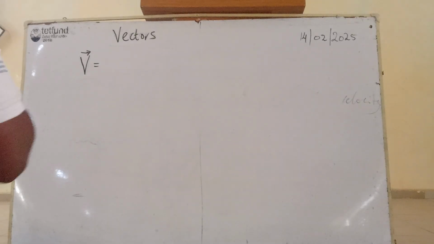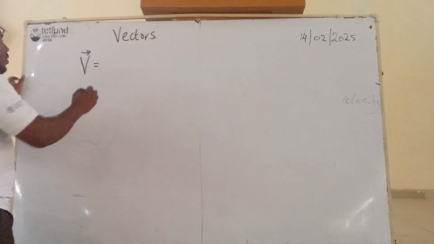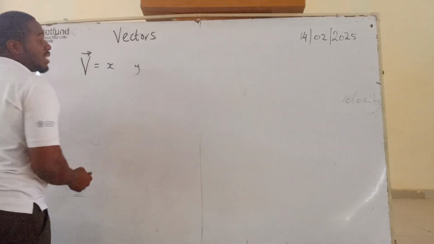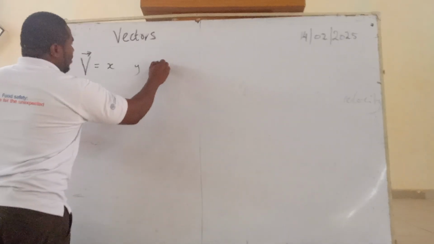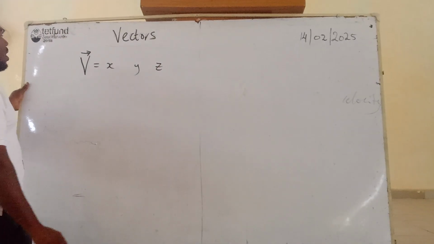Good. So for every vector v, we have agreed that we're going to be having how many? The x component, the y component, and the z component. Are we together? Good.